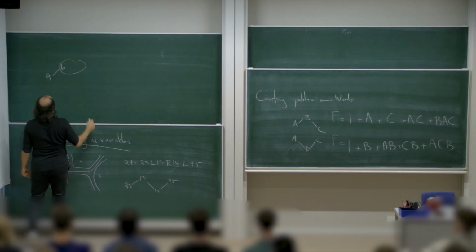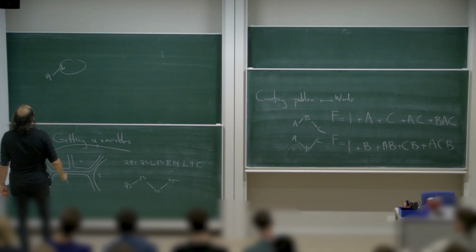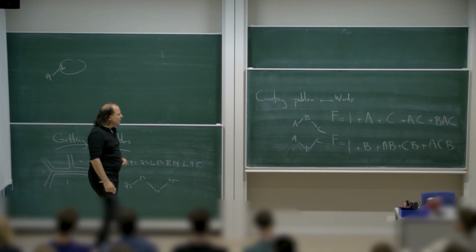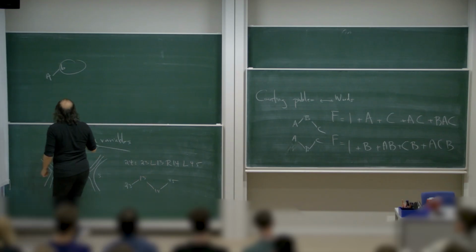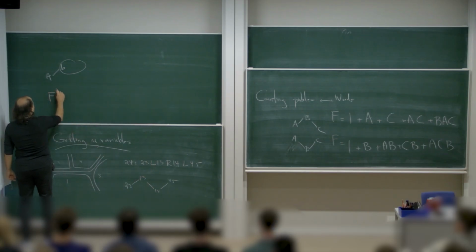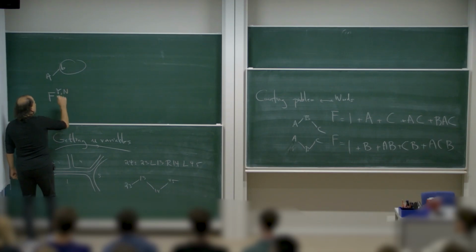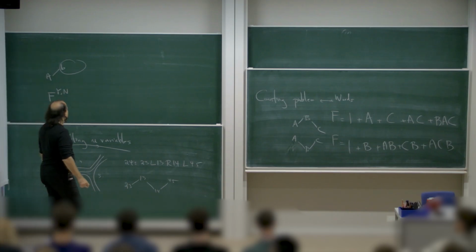There's sort of the rest of the word there. What we're going to do is divide this generating function into two pieces that I'm going to call F yes and F no. F yes is does it choose A, and F no is does it not choose A. So there's F yes and F no, according to whether it does or doesn't choose A.